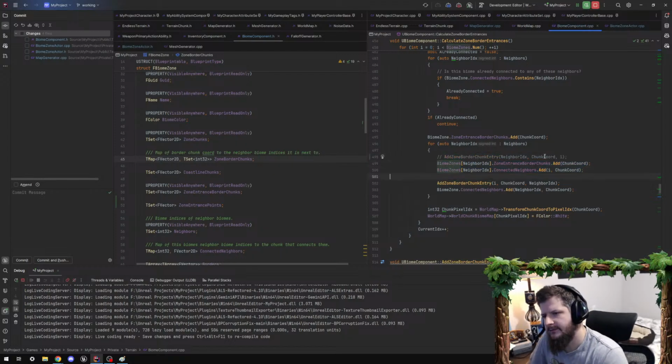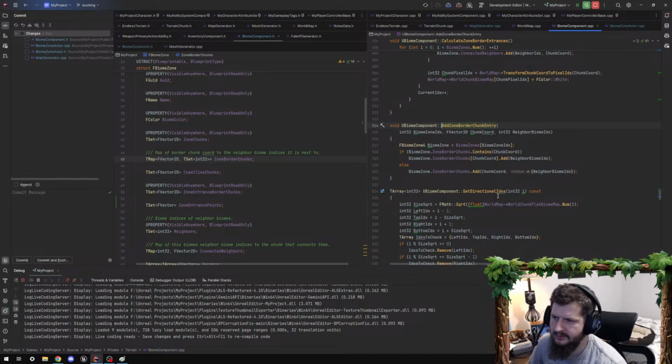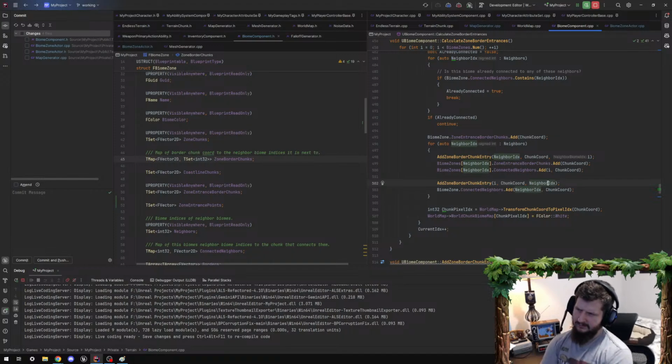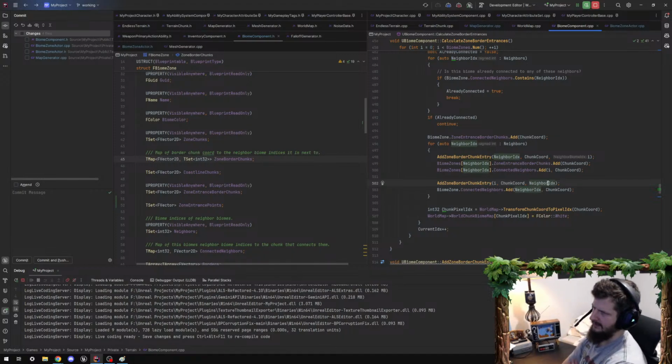What happens? Let me make sure I fully understand what this function is doing here. Zone border chunks. I'm adding the neighbor biome index, but if I'm not mistaken, those should already be added.